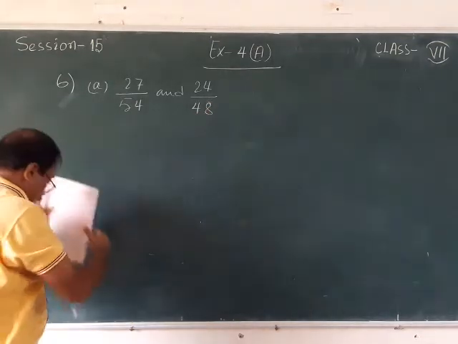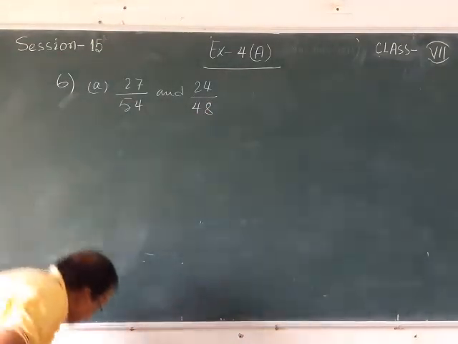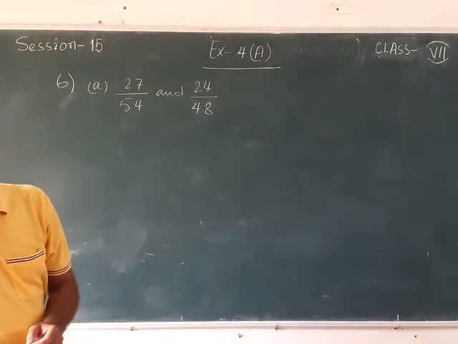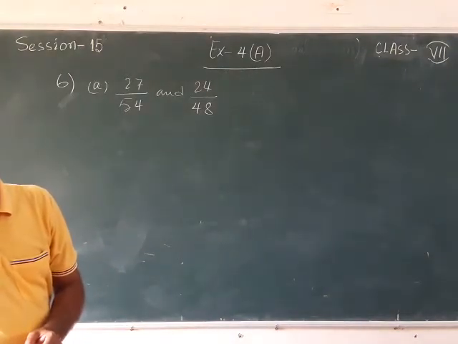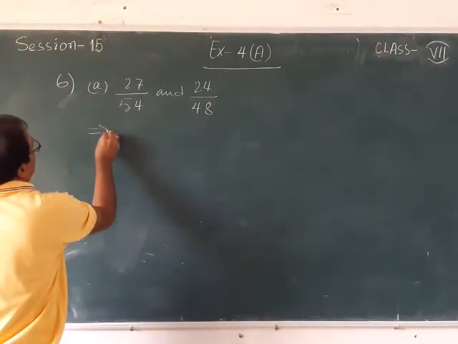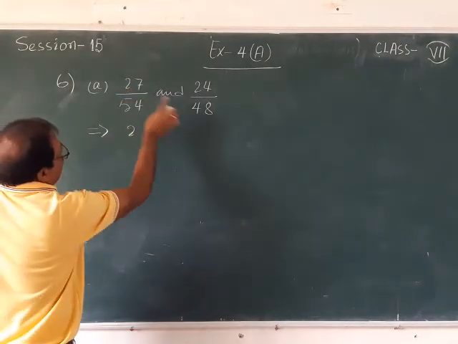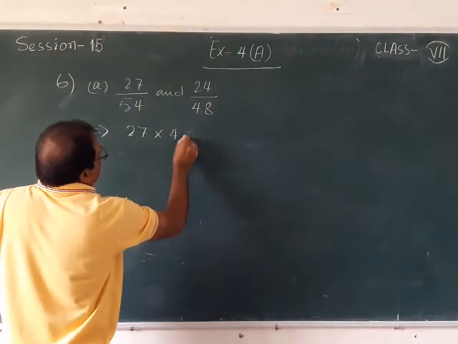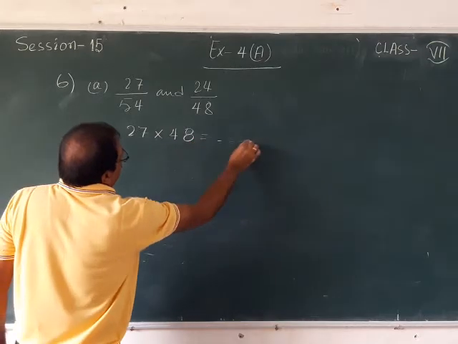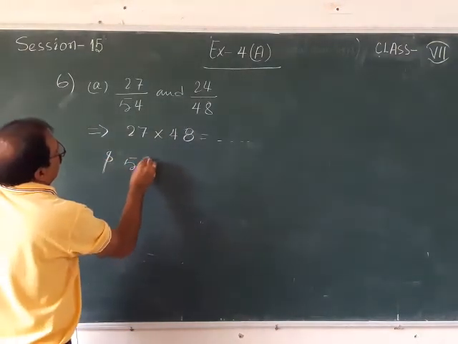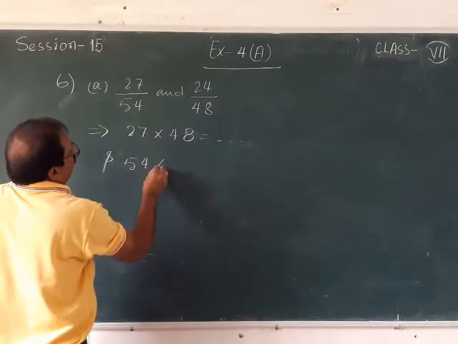Whether they are equivalent or not, you need to check it by cross multiplication. So let us see. First of all, I will multiply 27 and 48. That is coming how much? You need to write over there. Then 54 into 24.